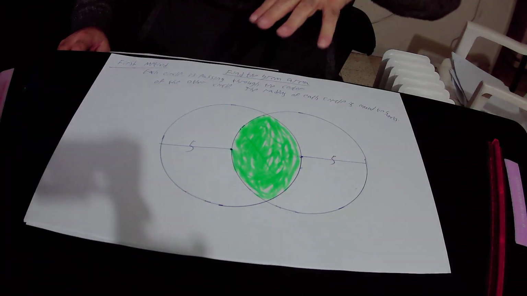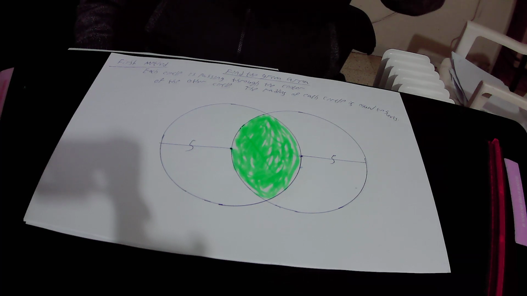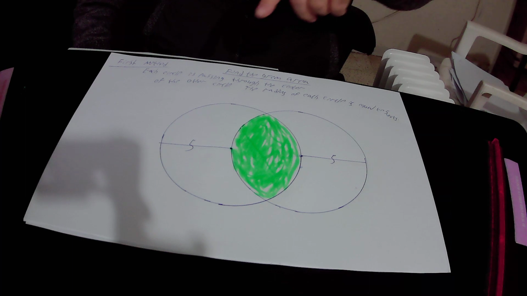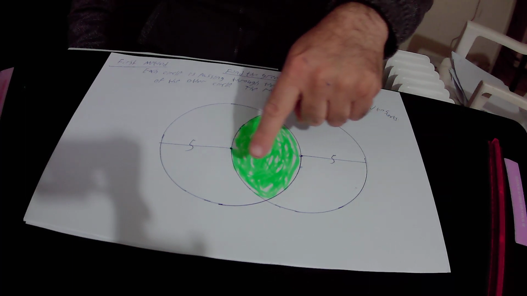Hello, in this lecture we'll find out the area of the green shape using two different methods. In the drawing we have two circles. The center of each circle, each circle is passing through the center of the other circle.